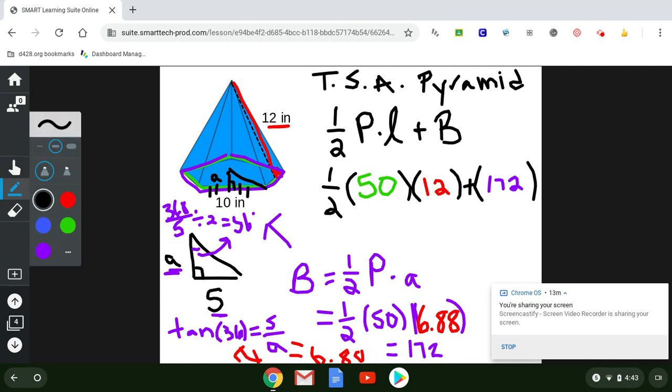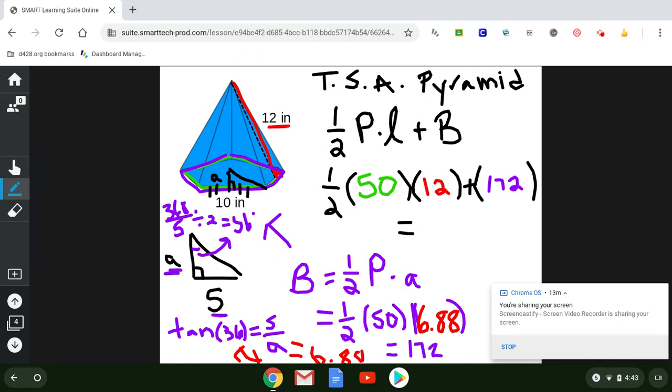And the total surface area of my pyramid is 472. I actually have units, so I'm going to do inches squared. Lord almighty, this thing does not like me today.